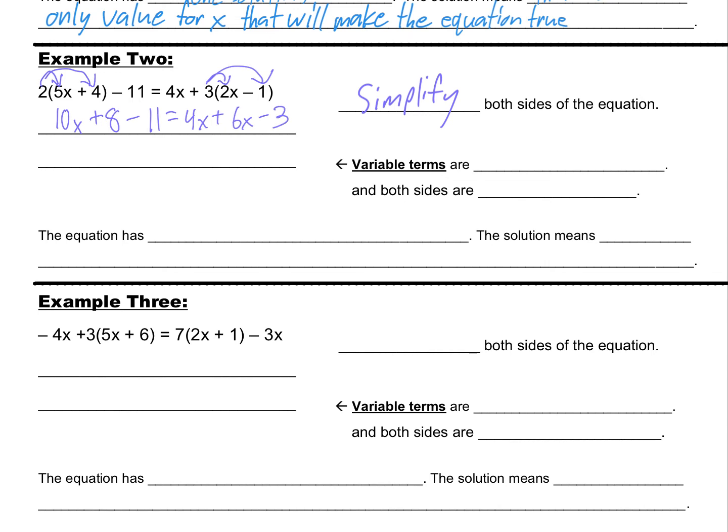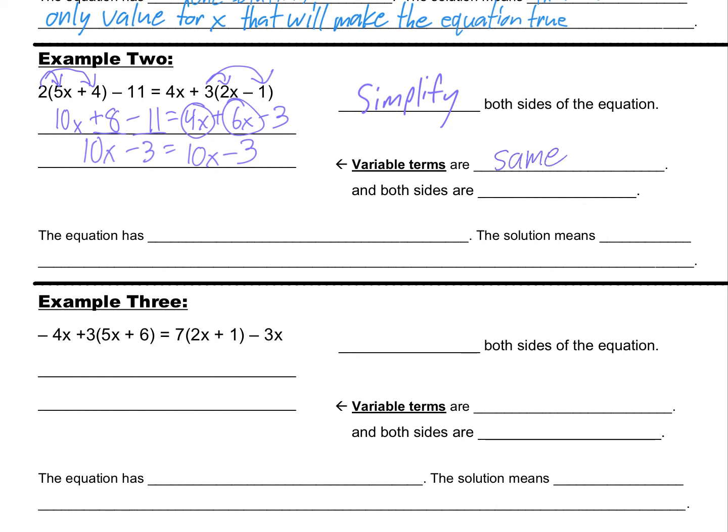Notice how on both sides of this equation we have terms that have the same variable. So we're going to combine like terms next. 10x is the only x term, and then 8 minus 11 is negative 3. And on the other side, 4x plus 6x gives us 10x, and minus 3 is the only constant. Notice how the variable terms are the same.